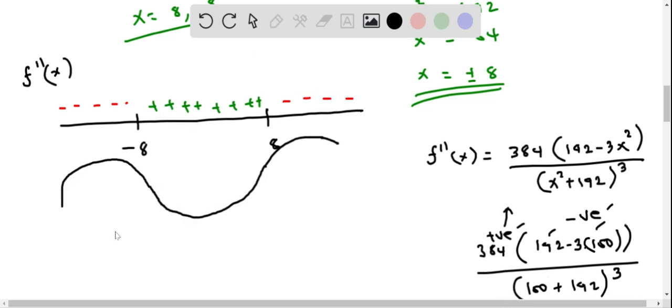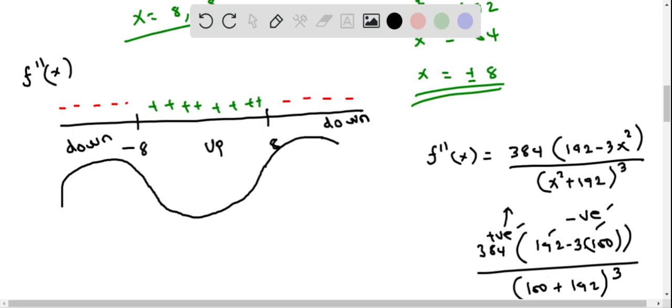Okay, here I've drawn the graph of concave up and concave down when the second derivative is negative and when the second derivative is positive. Here it is concave up, here it is concave down, and here it is concave down.